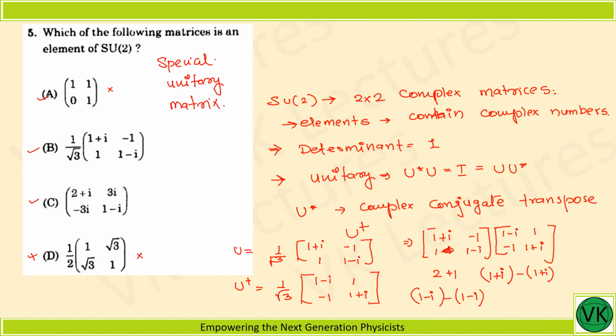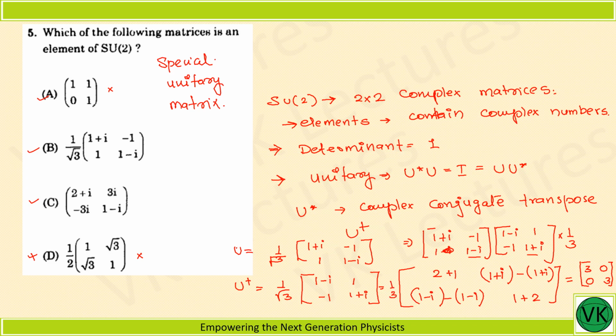And the last term is 1 times 1 minus i and 1 plus i, that is again plus 2. So this entire matrix will become 3, 0, 0, 3, and here you have 1 by root 3 into 1 by root 3, so this becomes 1 by 3.